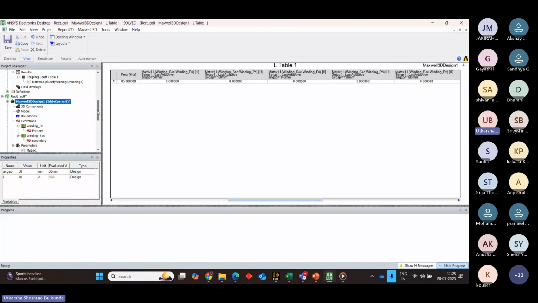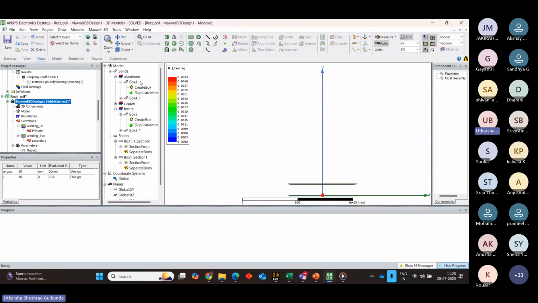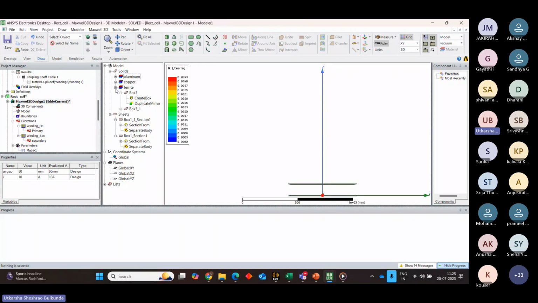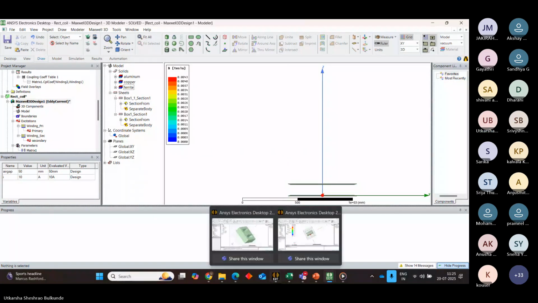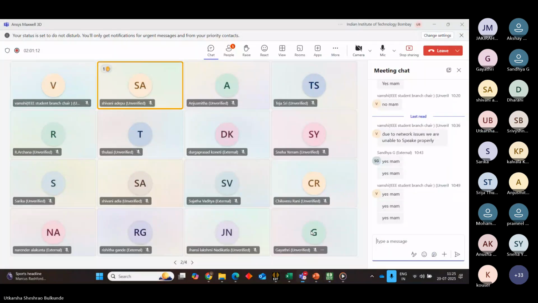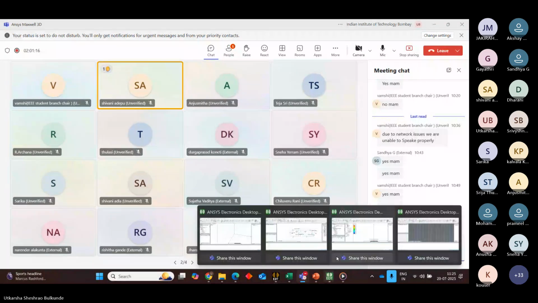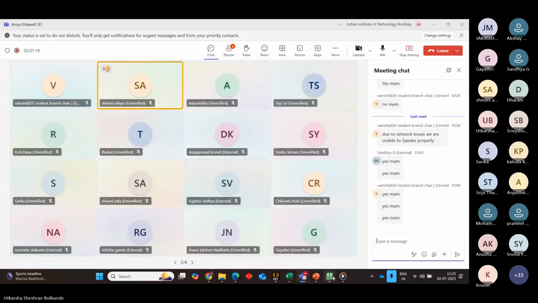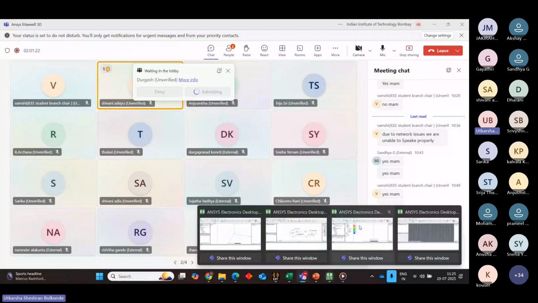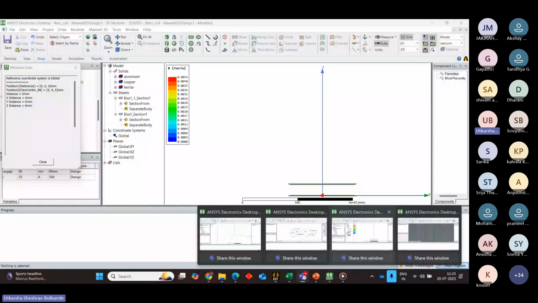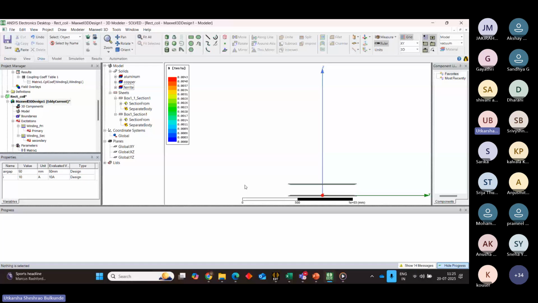Can you guys guess why we are not getting the results? One basic mistake I did, and I have not understood it. Can you guys guess? Okay. So the mistake we did is we have not given region only.